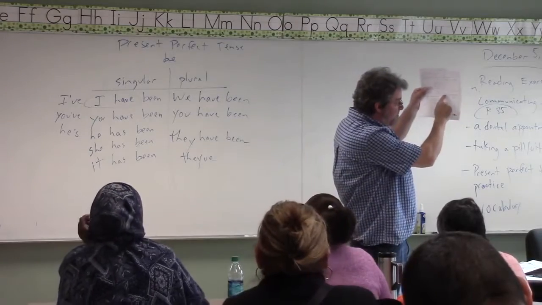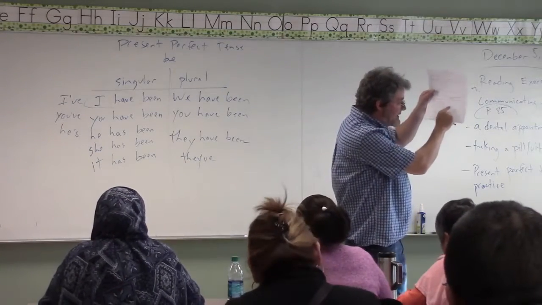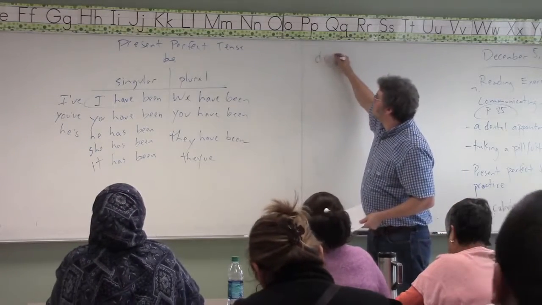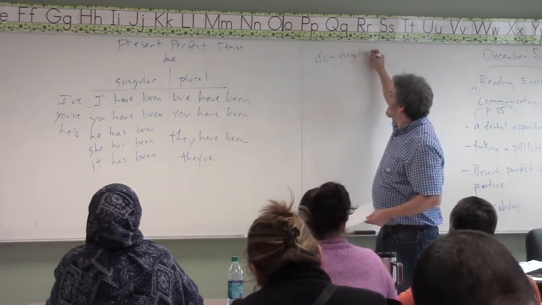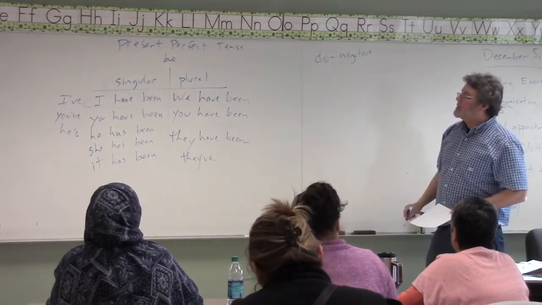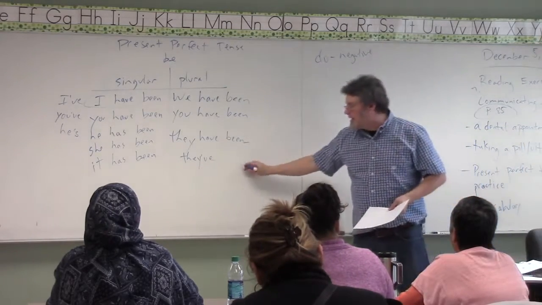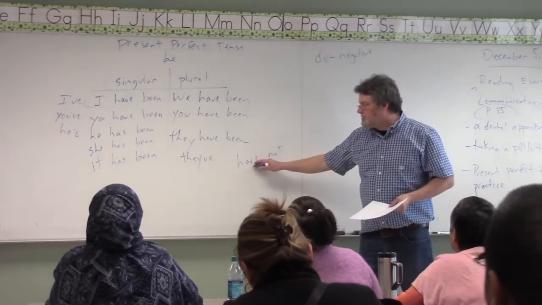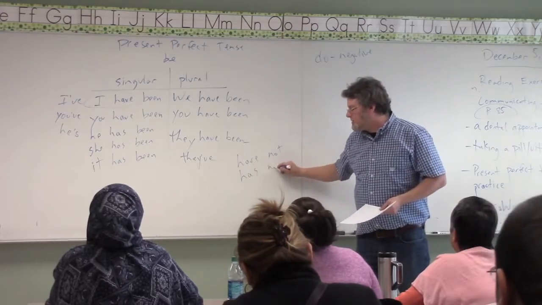here, conjugate the verb do in the present perfect tense negative. To make it negative, now this is going to be for the verb do. Well, no, to make the negative for the present perfect tense, you add not to have or has, right?